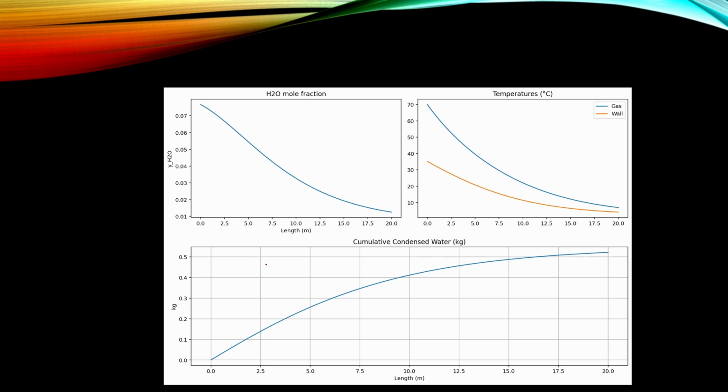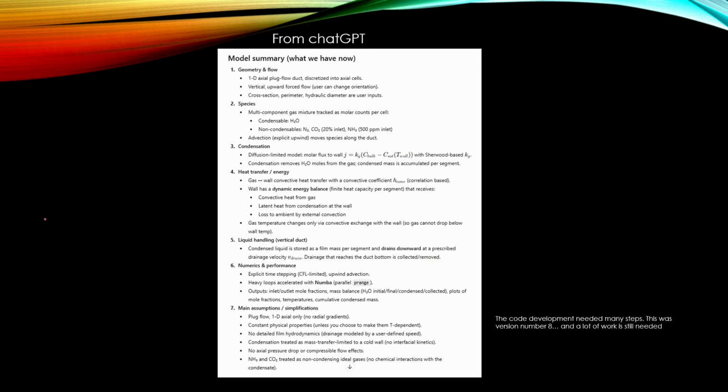I asked for a summary of what we have now in that model, and the main limitation is that this is a one-dimensional axial plug flow model, and it has a mass transfer limited condensation process.